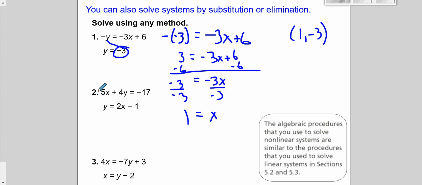All right, let's try the next one. y equals this algebraic stuff. So y equals stuff, so we can substitute that in for y into the other equation. So we're going to write this equation, the 5x plus 4y equals -17, but take out the y, put in 2x minus 1.